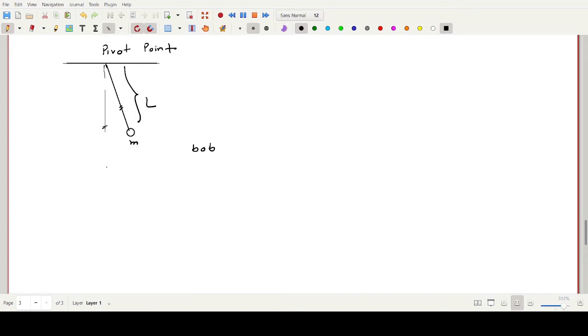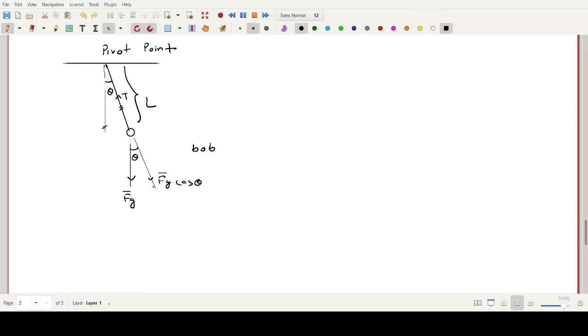So here, the forces acting on the bob, what are the forces? One force is the weight force due to gravity, and another is the tension force. Now let's say this string makes an angle theta with the vertical line, then this angle is also theta, and this component is Fg cos theta.